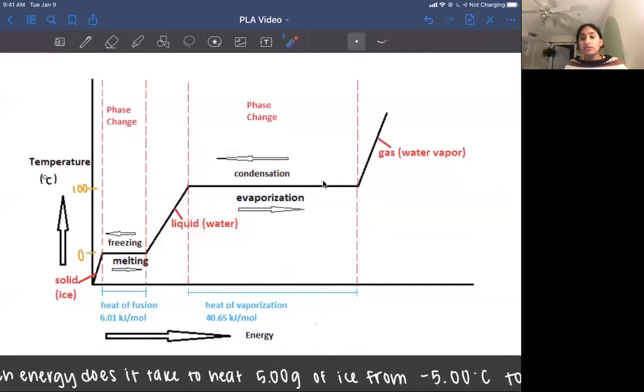This is because if we look at the physical properties of liquid and gas, there's a much larger difference, because there are practically very few, if any, intermolecular attractions between gas molecules. Whereas when we compare solid and liquid, there's still a lot of intermolecular attraction because they're still relatively close together. So that's why the length of the evaporation phase is much larger: we have to apply a lot more energy to get through this phase change.